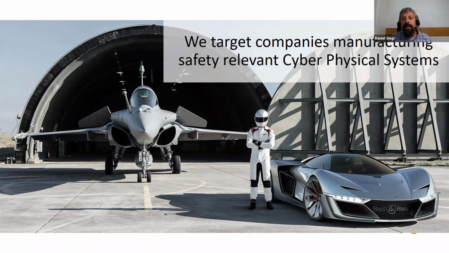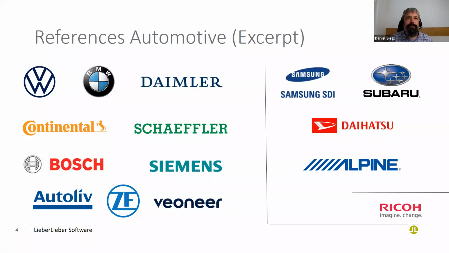This is our typical target audience, but we also have banks and insurances leveraging our technologies for their line of business. Here are some references from automotive who use our tools. I think Veoneer is especially interesting because they use the combination of Enterprise Architect and Inland Codebeamer we provide, but also Volkswagen. And on the Asian side, we have Subaru, Daihatsu, Alpine using our tools.